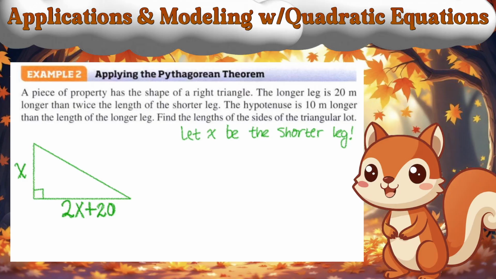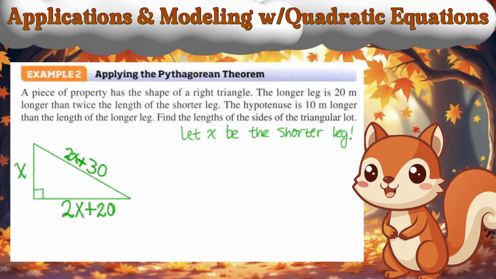The hypotenuse is 10 meters longer than the length of the longer leg. So it's 10 more than this. So that means this is 2x plus 20 plus 10, or 2x plus 30. So the hypotenuse is 2x plus 30, and it looks like everything's in meters.